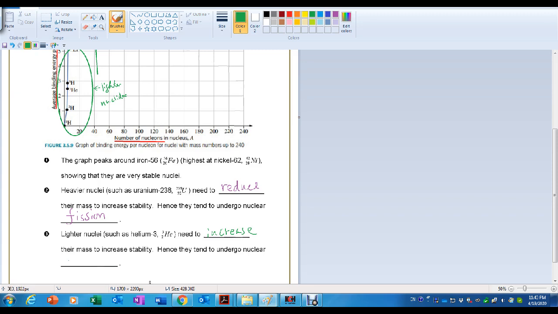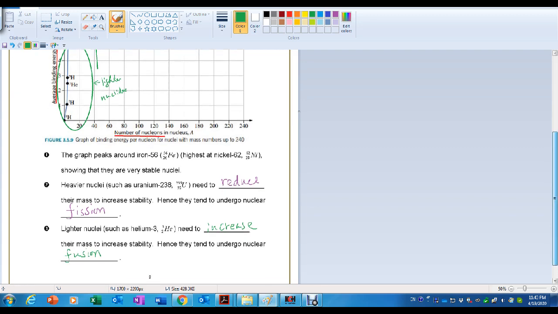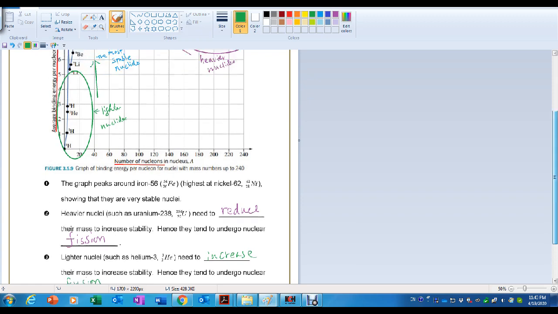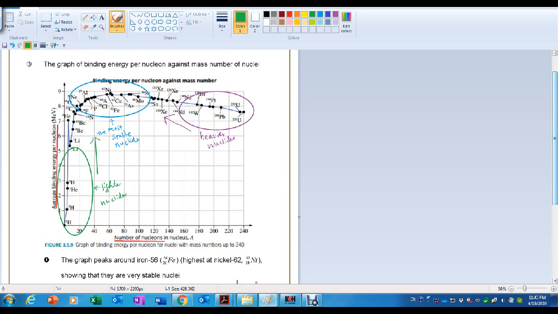Hence, they tend to undergo nuclear fusion. We will go into details for fission and fusion later, but from the meaning of the words themselves, fission means you split up heavier, larger nuclei, and fusion means you combine lighter, smaller nuclei together.